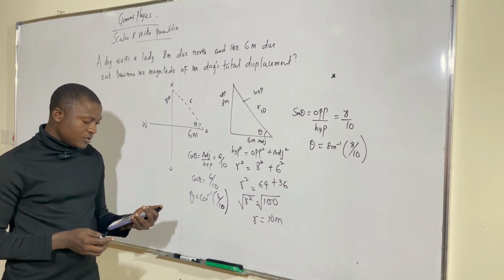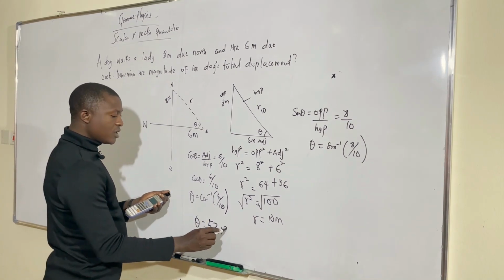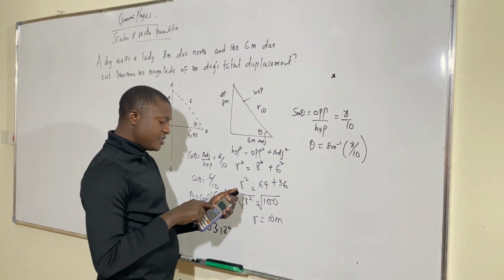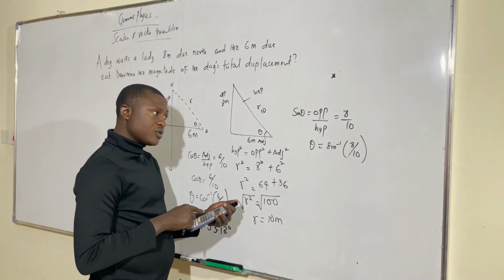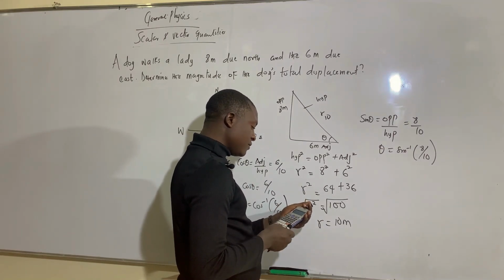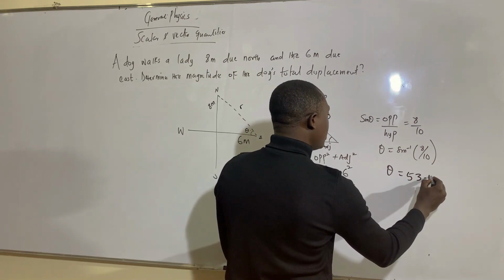So when I press my calculator, what I have is theta equal to 53.13 degrees. If you check this also, we have to get the same thing. Shift sine inverse of 8 over 10. If I use that one as well, definitely I must have the same result, 53.13 degrees.